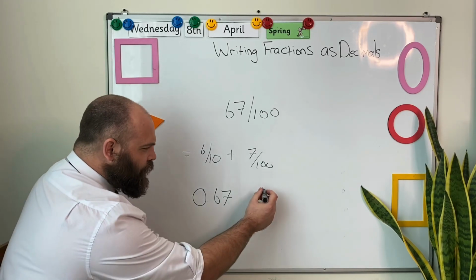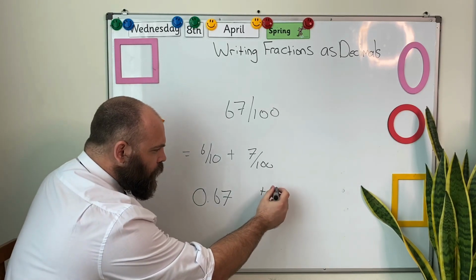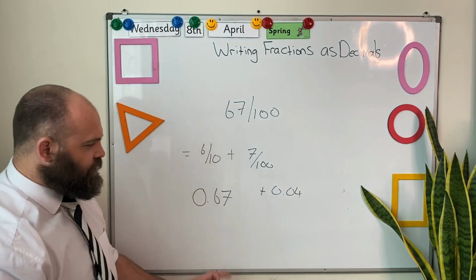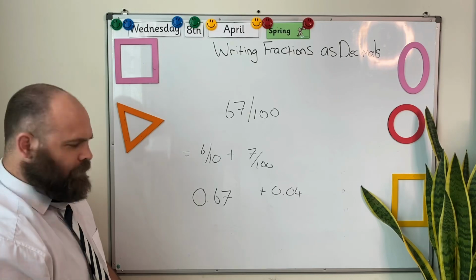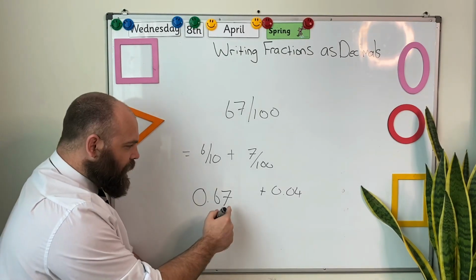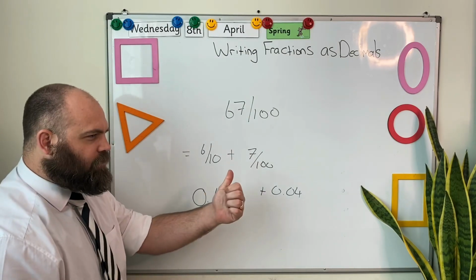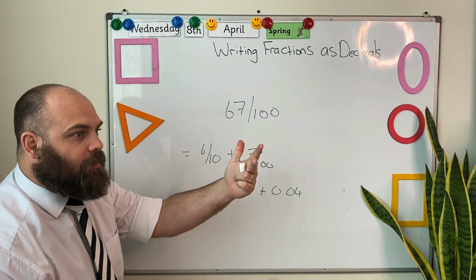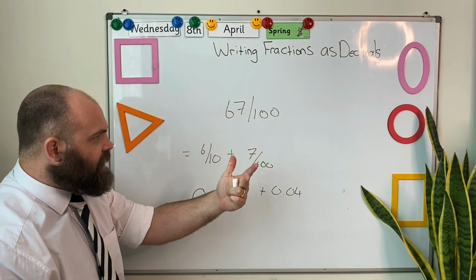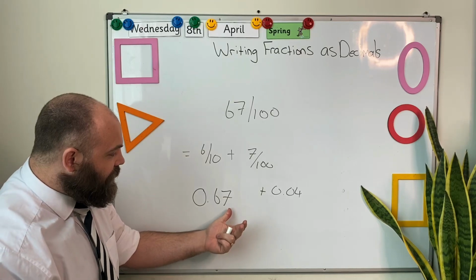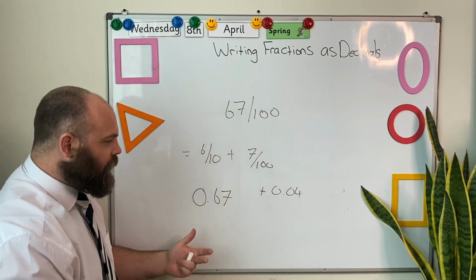If I added 4 hundredths to this number, how would I do that? Well, I'd look at my hundredths column and I'd have 7 hundredths, 8 hundredths, 9 hundredths, 10 hundredths. Well, 10 hundredths would mean that I need to put 1 over into this column.